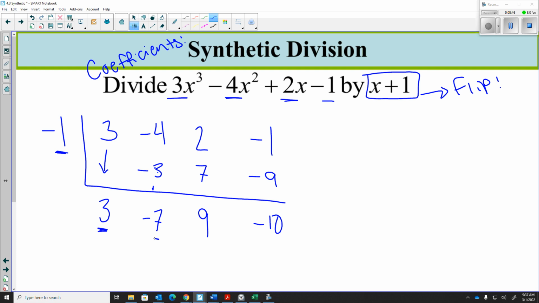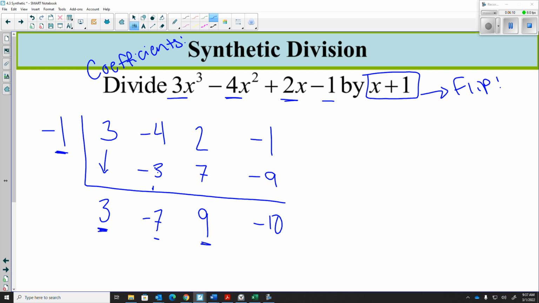I did negative 1 times 9 and got negative 9. I added those, and I got negative 10. So it's just multiply, add, multiply, add, multiply, add, until we run out of stuff. Okay? You guys all right with where all those numbers came from? Feel good about it? Ish?